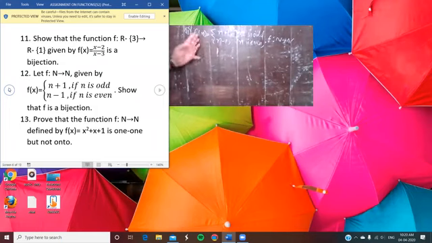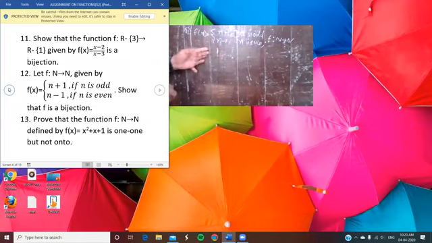So no doubt here f is one-one and onto. You know that natural numbers can be comprised of even numbers and odd numbers.